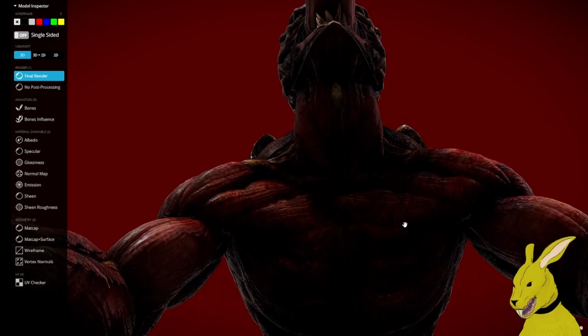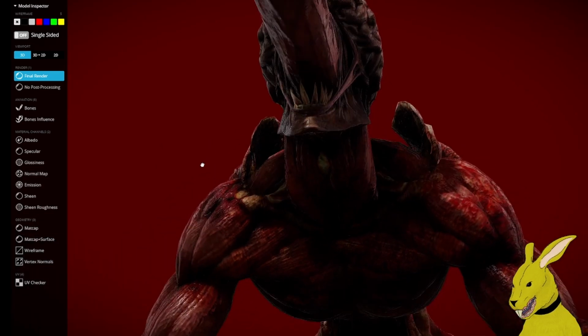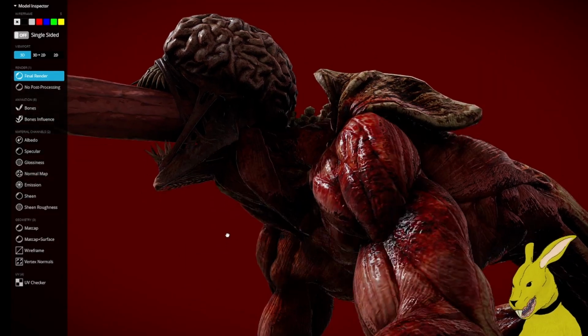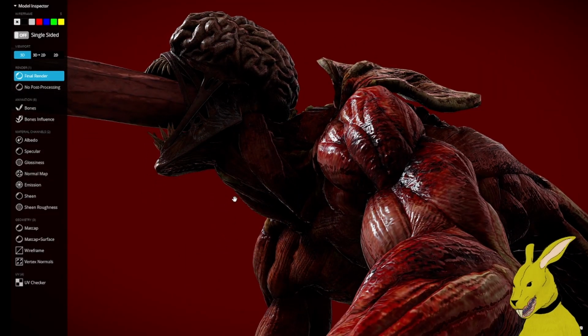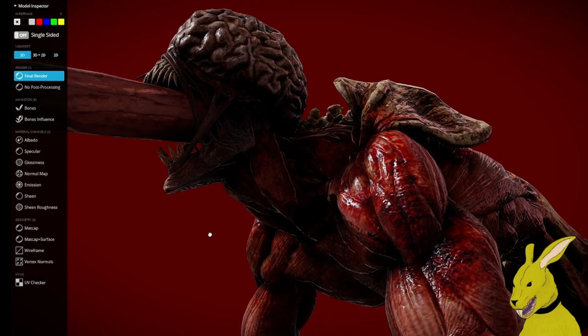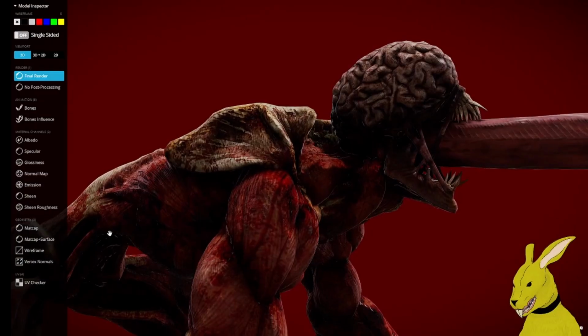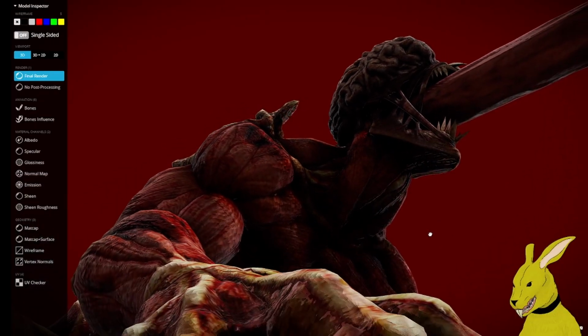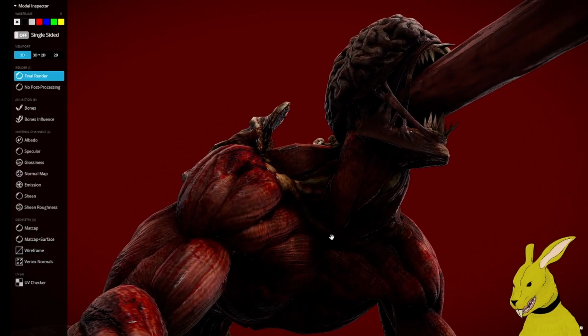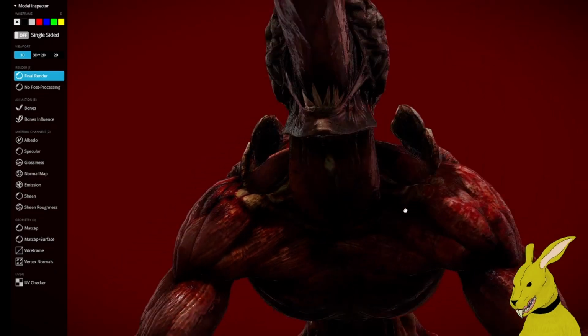And then you have the pecs, the shoulders. But the neck is bent at a curve, which is very interesting. Okay, hold on. That's the clavicle.